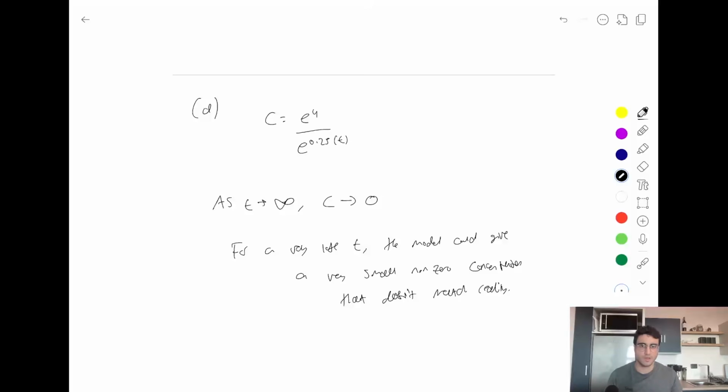As t is increasing, our concentration is getting extremely small, and that concentration could very well not match reality at that massive value of t. So that is a potential constraint there.